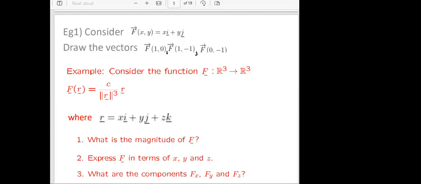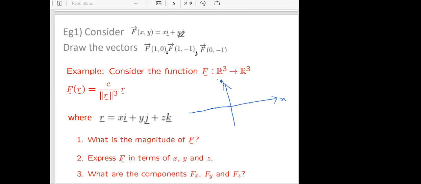So here, this is the domain. The domain is R2 because it has two components, x and y. Let's draw outputs at these points. Let's consider x is 1, y is 0. What is the output when you plug this into here?